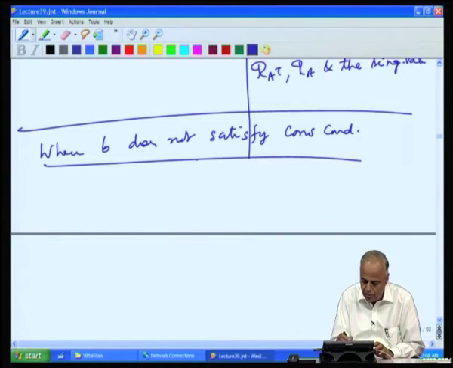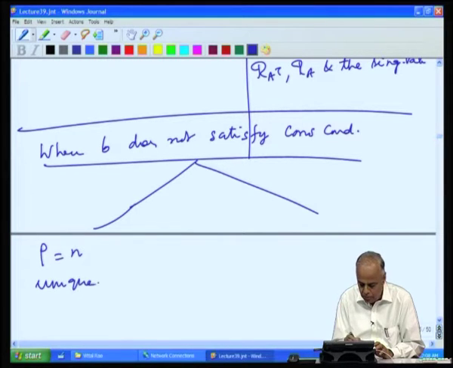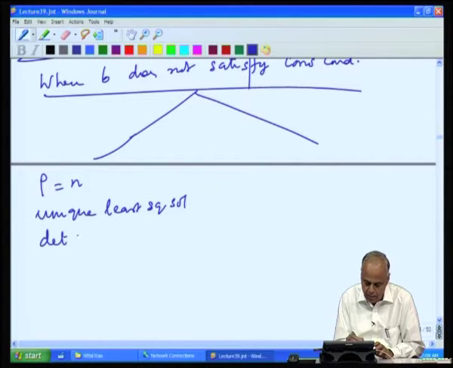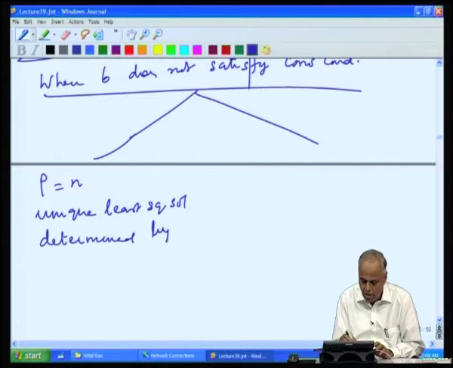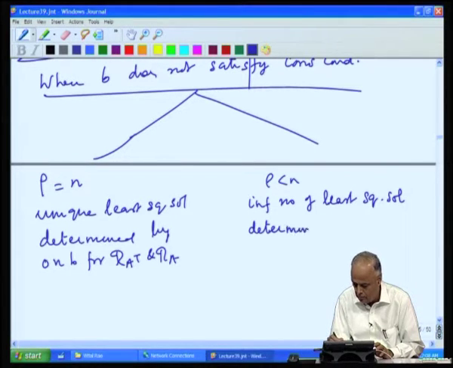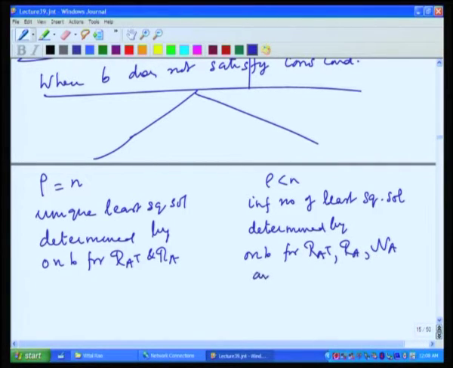We will not write the full expressions again; we will simply mention: rho equal to n, the unique least square solution is again determined by the orthonormal basis for the range of A transpose and the range of A. When rho is less than n, the infinite number of least square solutions are determined by the orthonormal basis for the range of A transpose, the range of A, the null space of A, and of course the singular values.